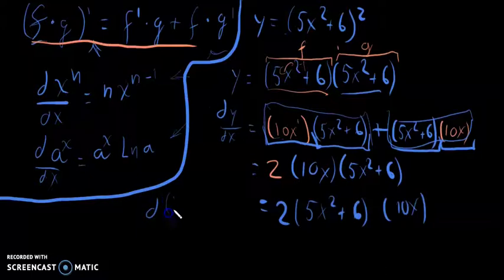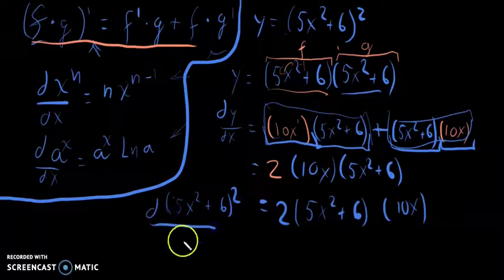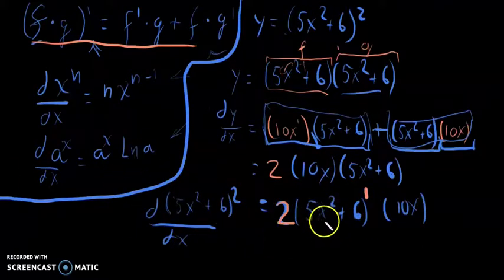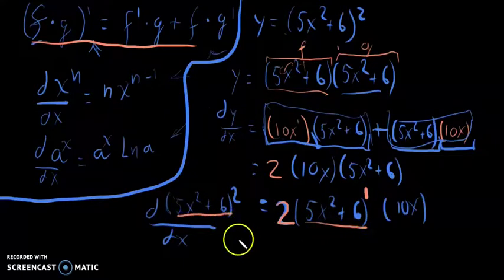So d of 5x squared plus 6 squared over dx. Now, what can we spot from here? Well, we see there's a 2 right here and an exponent of 1 in this case. And that the inside here remains the same.